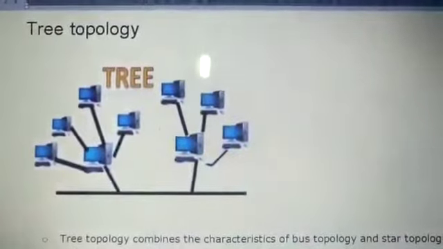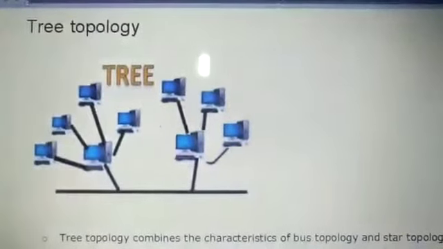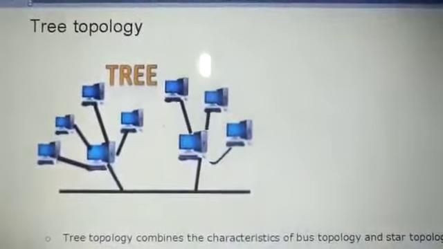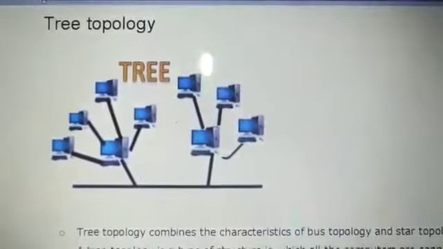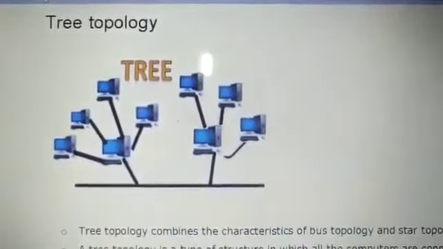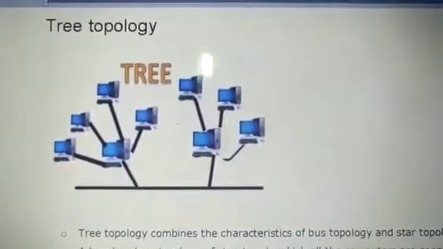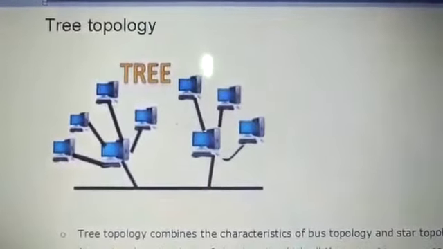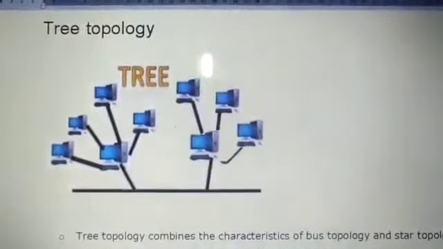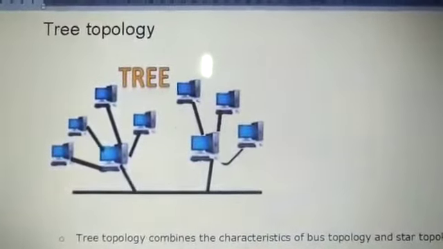However, not every device plugs directly into the central hub. The majority of the devices are connected to a secondary hub that in turn is connected to the central hub.